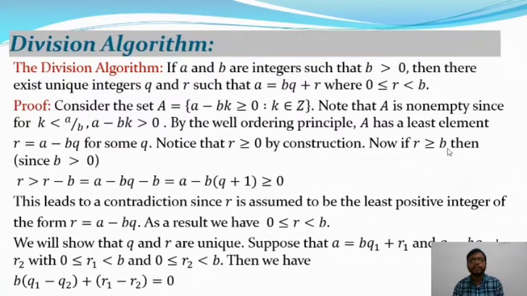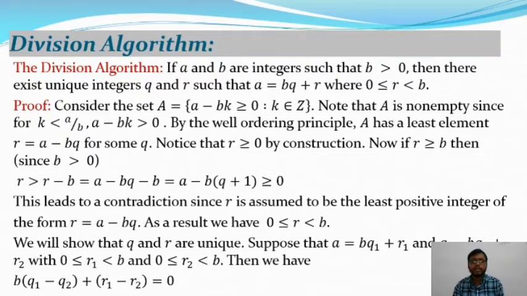Now if r is greater than or equal to b, then since b is greater than 0, r is greater than r minus b, and r is equal to a minus bq, so r minus b is a minus bq minus b. Taking b as a common factor from the last two terms, we get r minus b is equal to a minus b into q plus 1, which is also greater than or equal to 0.